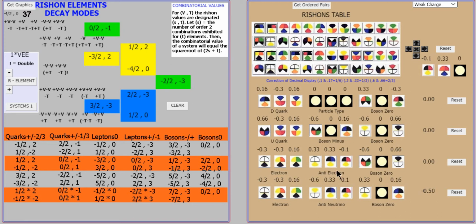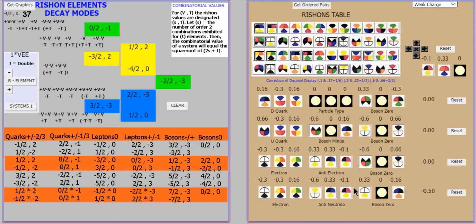And then we have the electron and the anti-electron, and we have weak charges of minus 1/2 and plus 1/2. And on the WIMP, we have a weak charge of 0. Now, if we look at the antineutrino formed out of the interactions here, we will see that the weak charge here is minus 1/2.